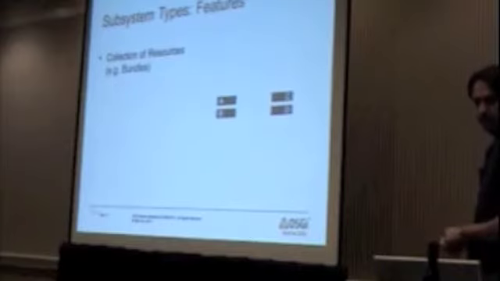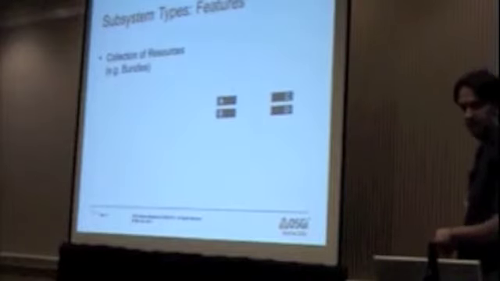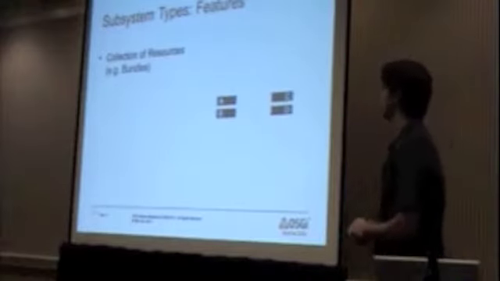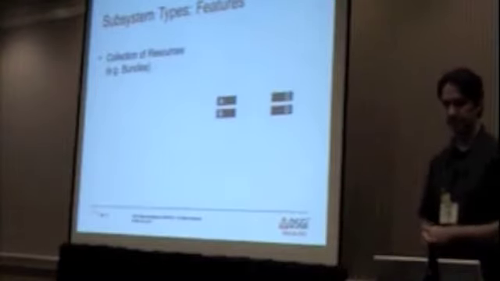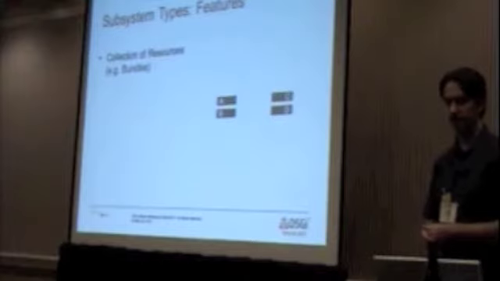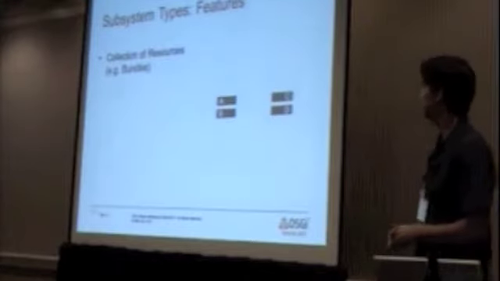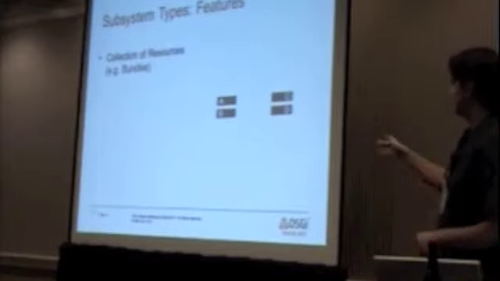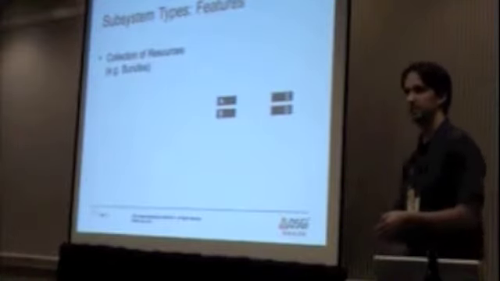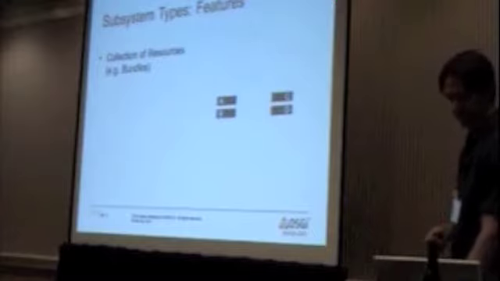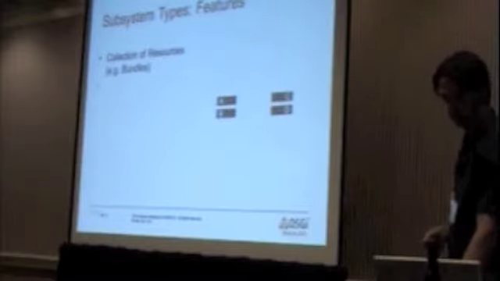So there are three basic types of subsystems. The first one being features, which is what I was just mentioning on the last chart, are unscoped. So in this particular case, we have 4 bundles, and we want to group some of them together into logical units.